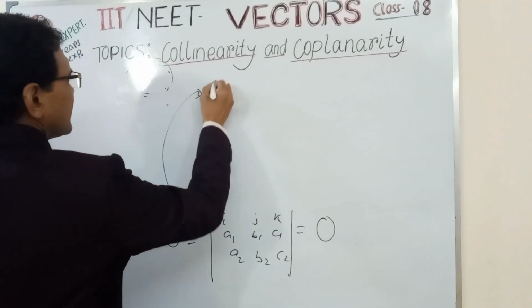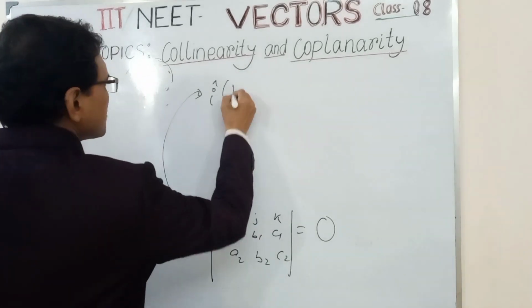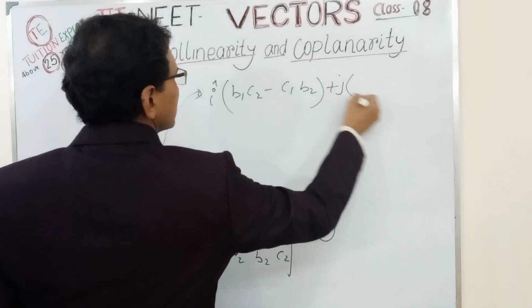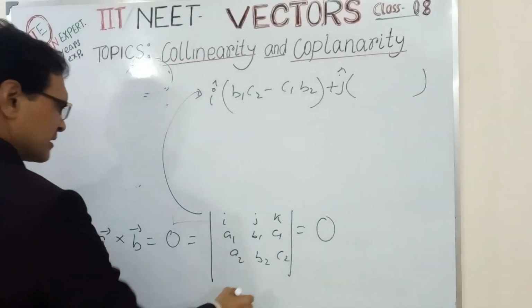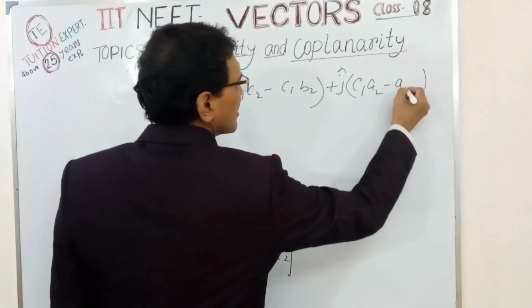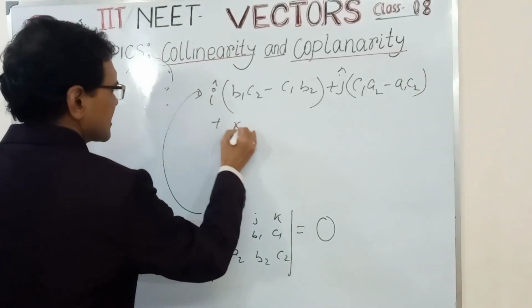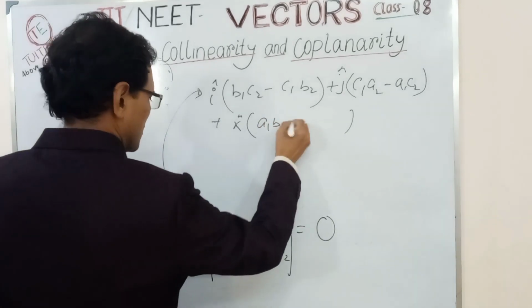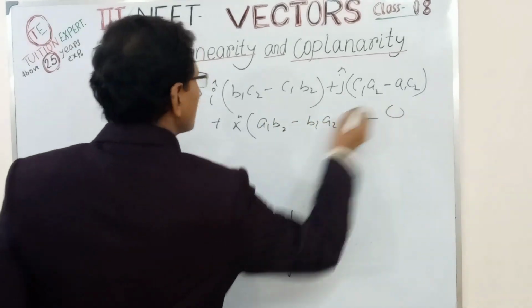I times (B1 C2 minus C1 B2), J times (C1 A2 minus A1 C2), plus K times (B1 B2 minus B1 A2), equal to 0.